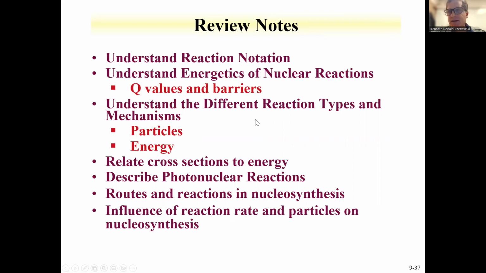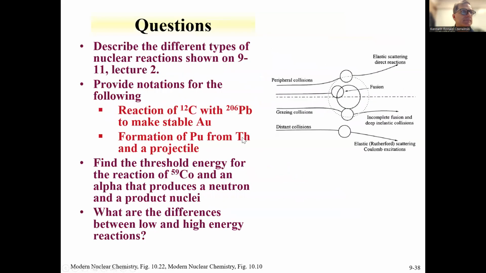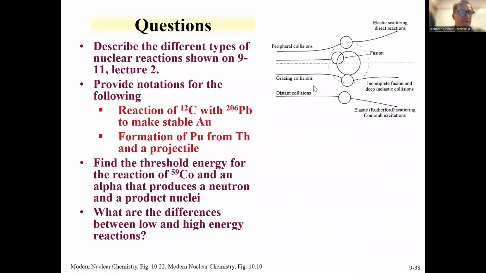I wanted to hit some of the high points for elemental synthesis, the R process and S process. Those are the ones that are going to get you most of the isotopes. If you're light, that's going to be the P process. The take-homes for this: be able to describe some of the reactions that happened here.